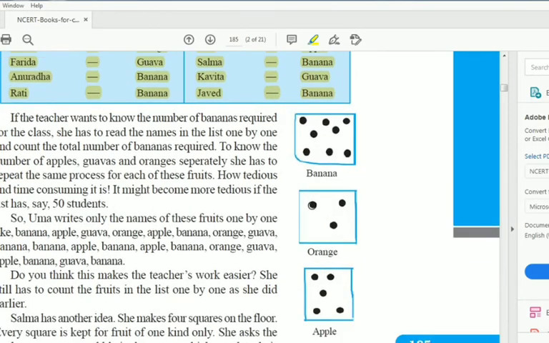Salma makes one square for banana, another square for orange, another for apple, and likewise for the other fruit also. She told the students, pick up one pebble with your name, and whichever fruit is your favorite, keep your pebble in that square.